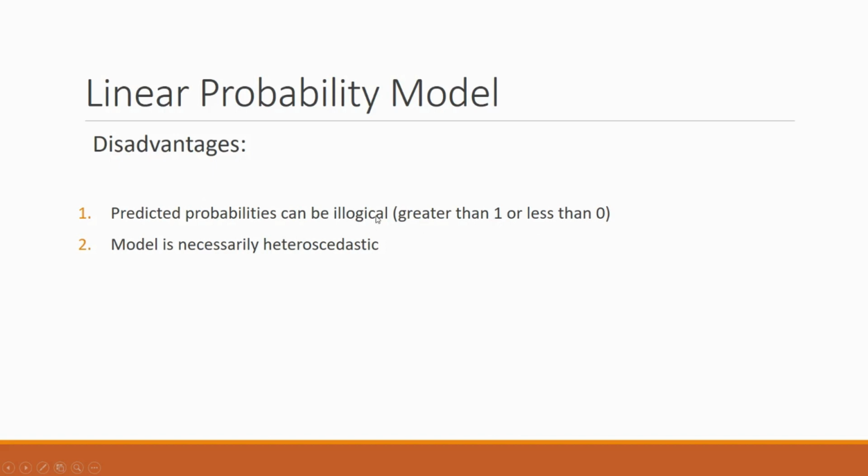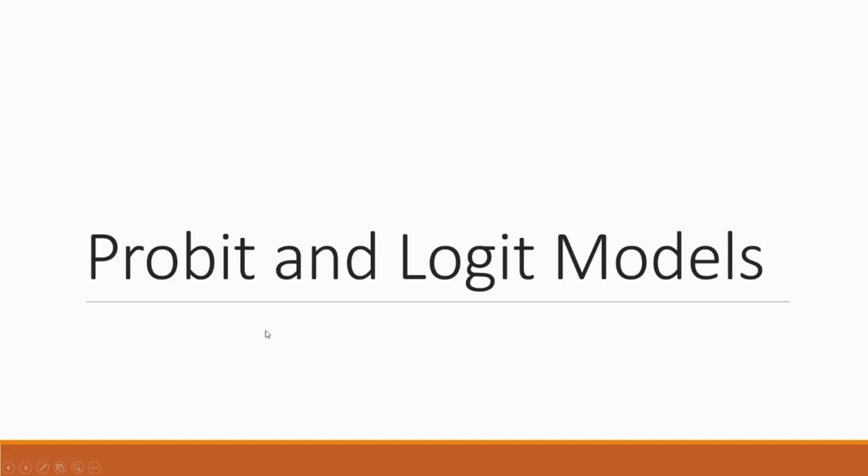So this creates a logical problem: these results wouldn't make sense. If we needed a model that actually generates logical probabilities, meaning probabilities between 0 and 1, then we would need to use a different approach. And so that would motivate using something different than the linear probability model, which we're going to get to now. This is on the Probit and Logit models.